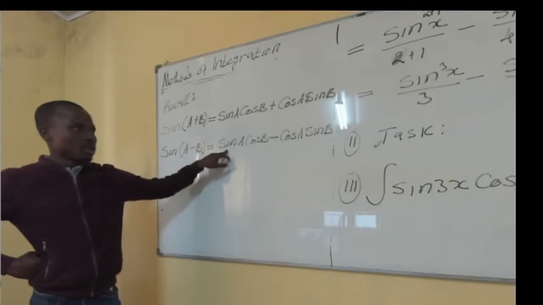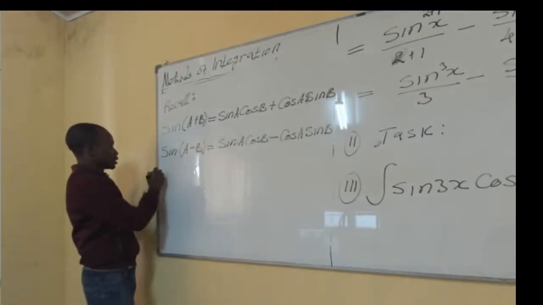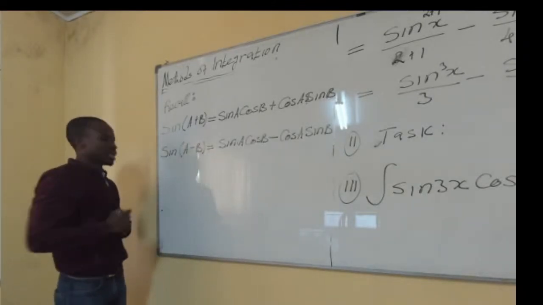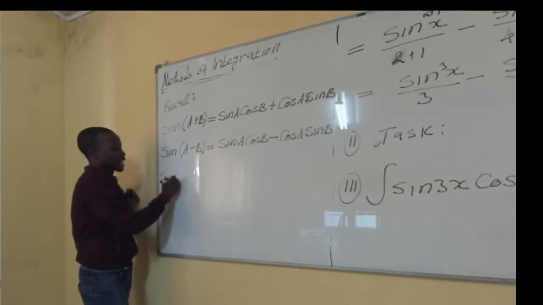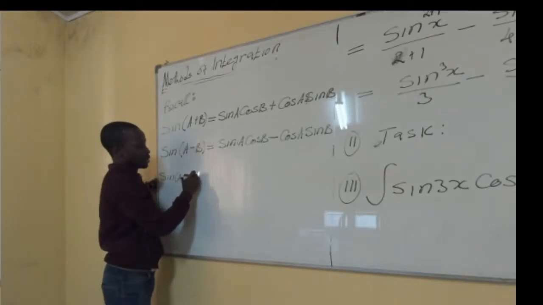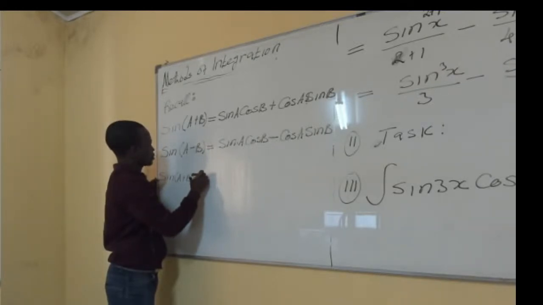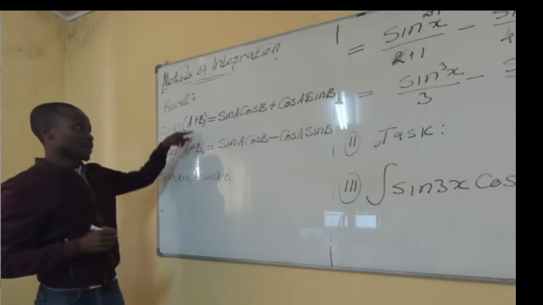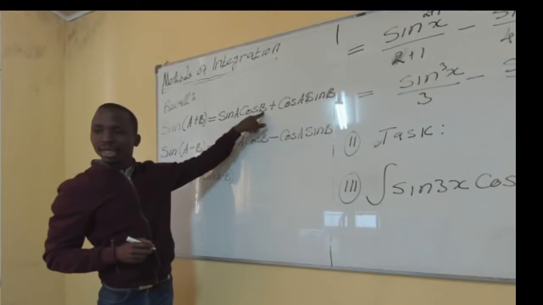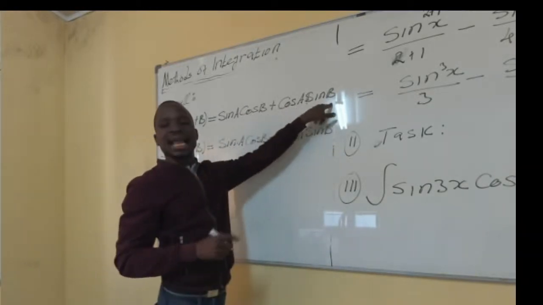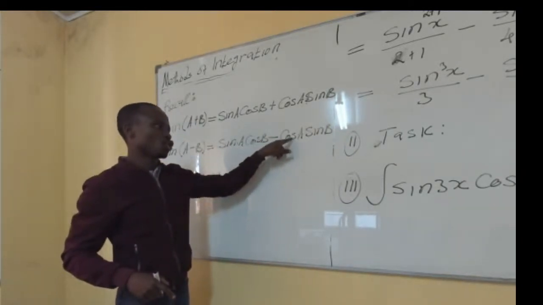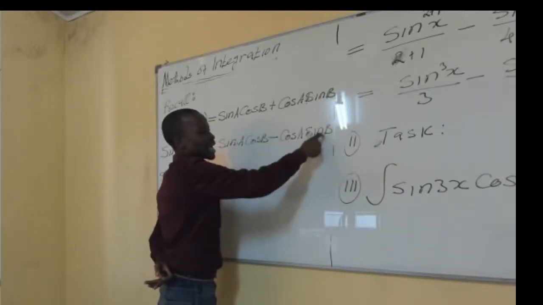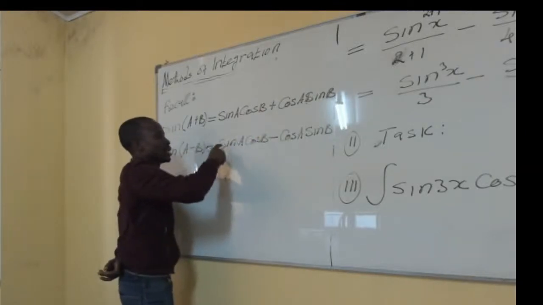When I add these two, sine of A plus B plus sine of A minus B, it will be sine A cos B plus cos A sine B, then plus sine A cos B minus cos A sine B. The cos A sine B terms cancel. Then sine A cos B plus sine A cos B.